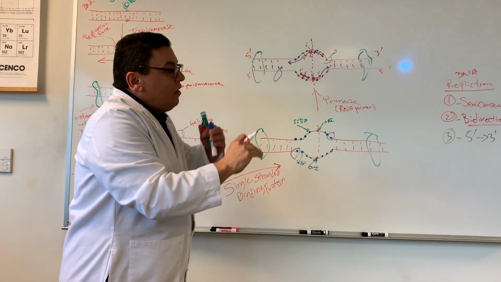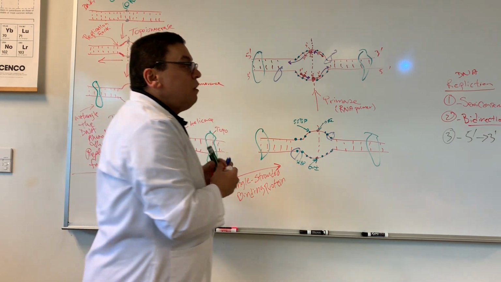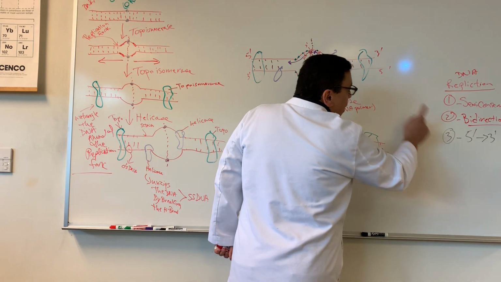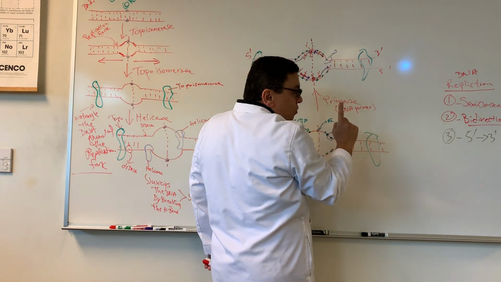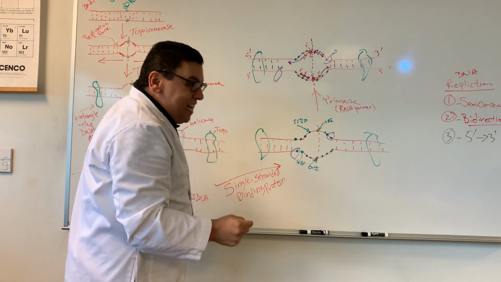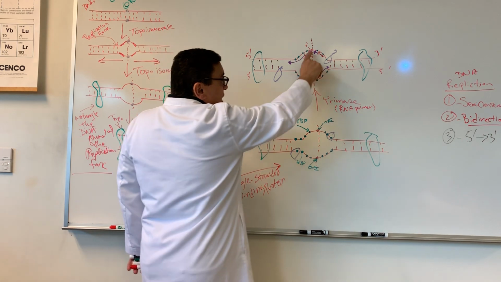So there's another layer of concern here because of this rule. The rule that cannot be broken is this one. I must make the new DNA 5 prime to 3 prime. That means I must read the template 3 prime to 5 prime. Well, that's easy for this one.